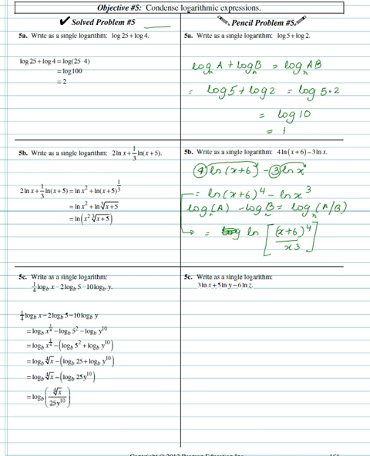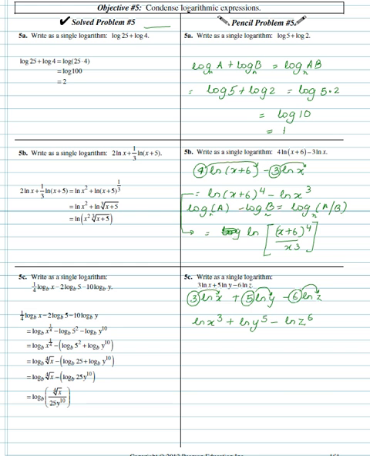Write a single log, and again you work with the powers first. 3 ln x plus 5 ln y minus 6 ln z. I'm going to go back and put the powers in their places first. So this becomes ln x cubed plus ln y to the power 5 minus ln z to the power 6.